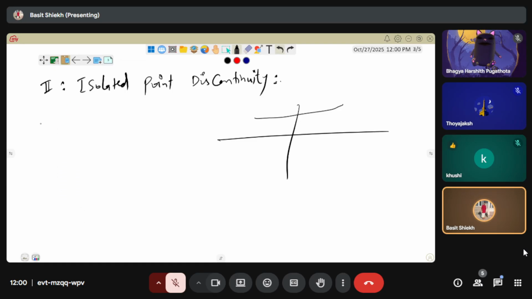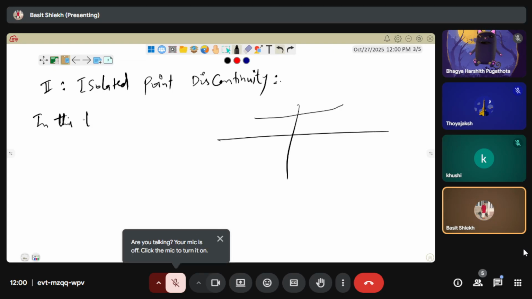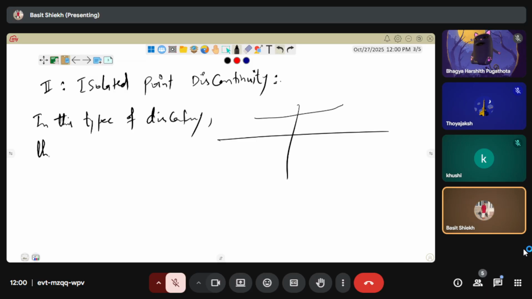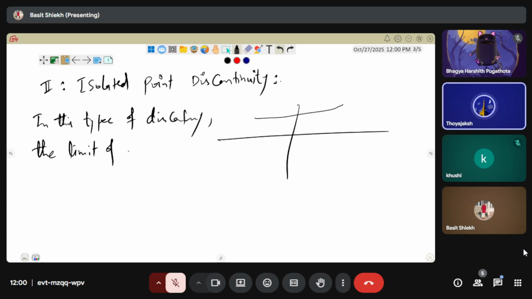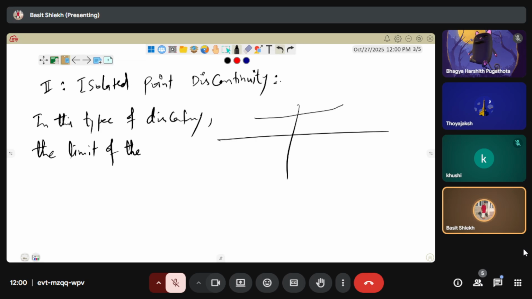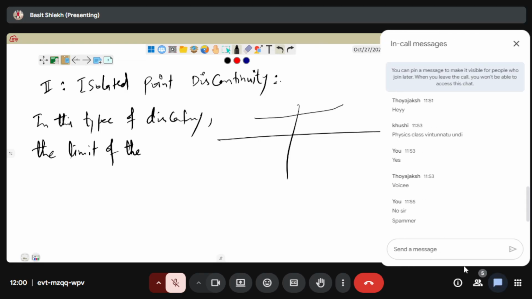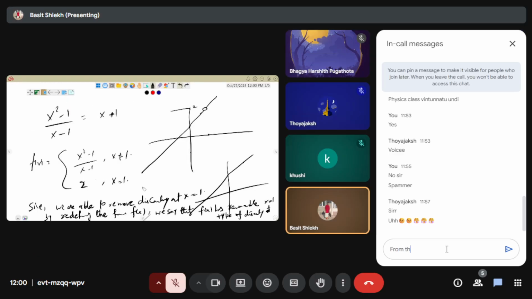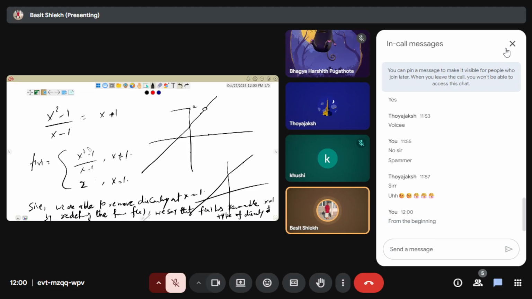Isolated point discontinuity. In the previous slide, we had a missing point discontinuity.